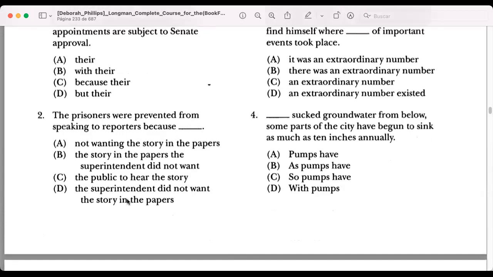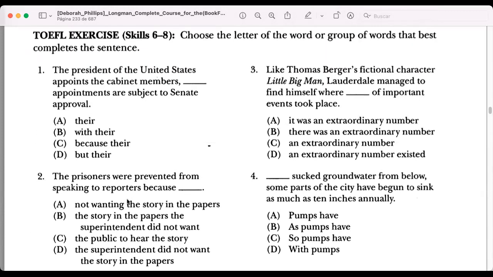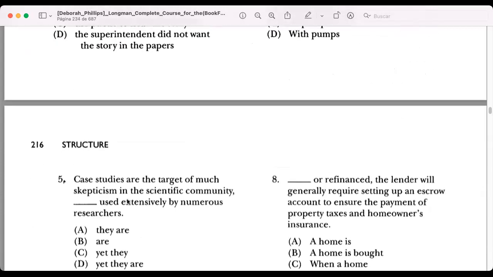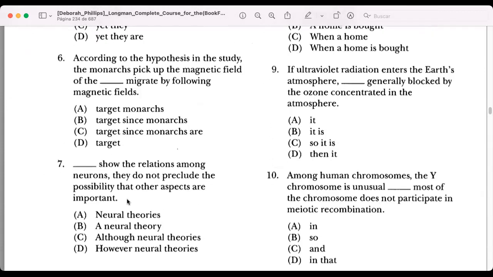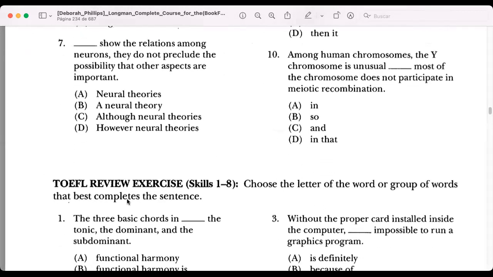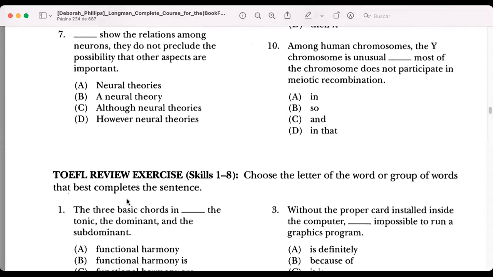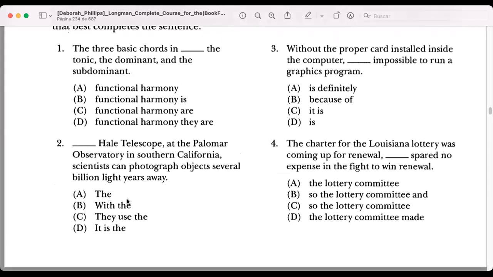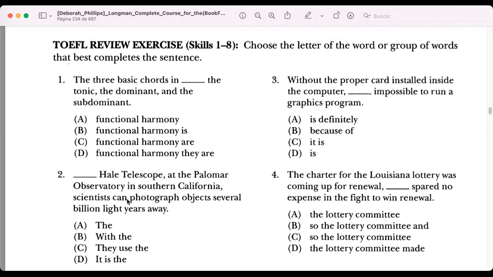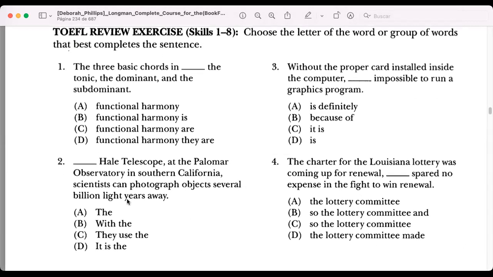Do you want to take a picture here? Yeah, I already took a picture. Okay, and we have this part, and this part. Just tell me, okay, we have directions here.